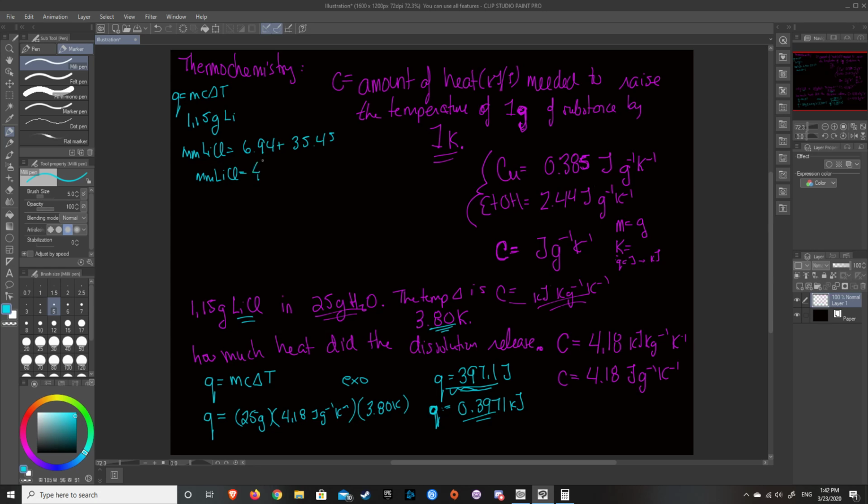So we've got 42.39 grams per mole. And we calculate how many moles we've already dissolved.